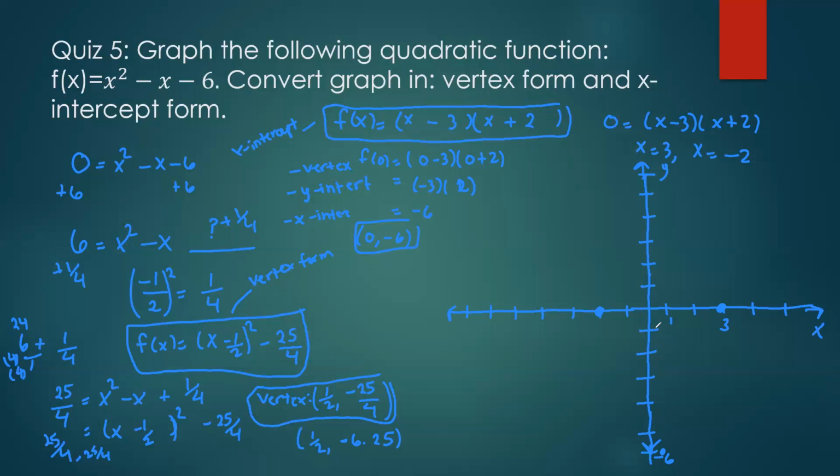Wait, our y-intercept is what? Negative 6. It's right here. So this is negative 6, and then connect the dots.